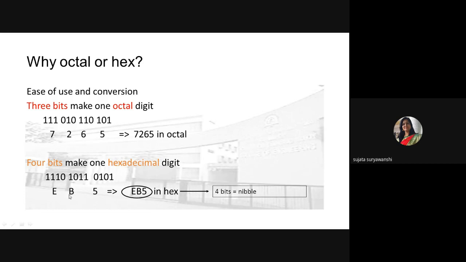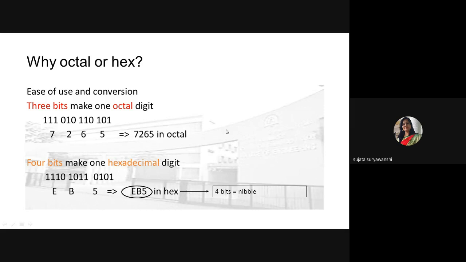Then B means 11, which is represented by 1011. And 5 is represented by 0101. So simply write down the 4-bit binary number for each hexadecimal digit. Understood? 4 bits are equal to a nibble.